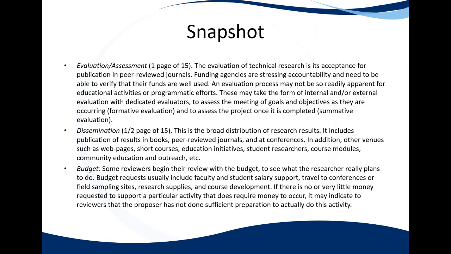So it's acceptance for publication in a peer-reviewed journal. It's something that's easy to measure, to say, here's the output or the outcome that came out of this paper. So as part of your progress report, you can say that a paper has been submitted to a journal, a paper has been accepted by a journal, and what other things have come out of the process thus far.